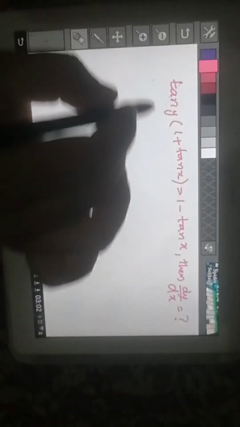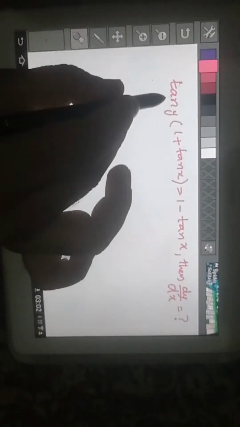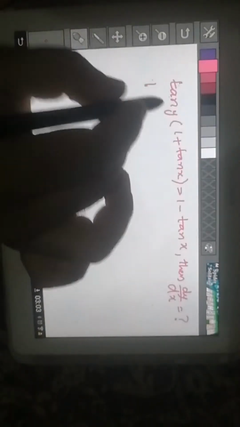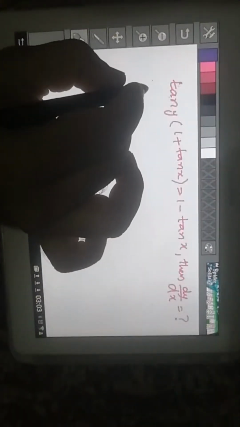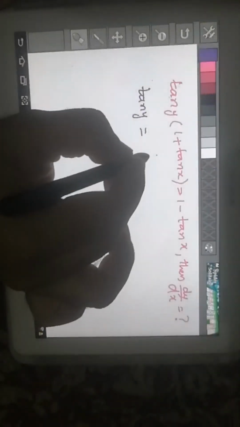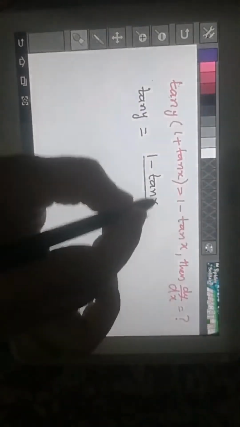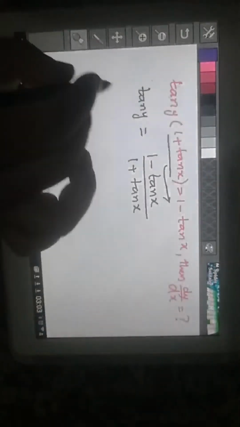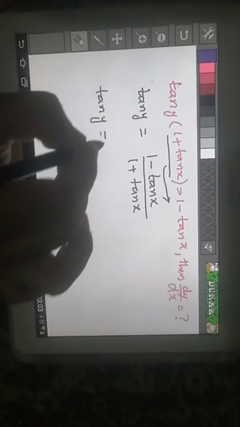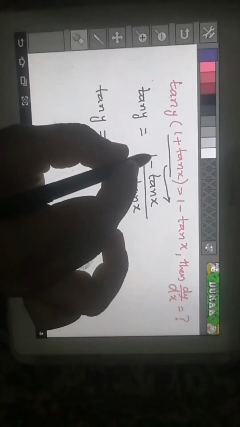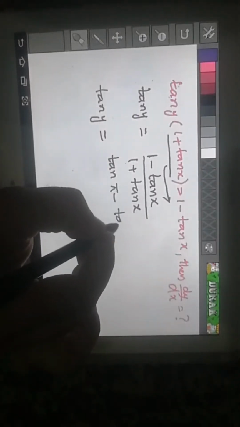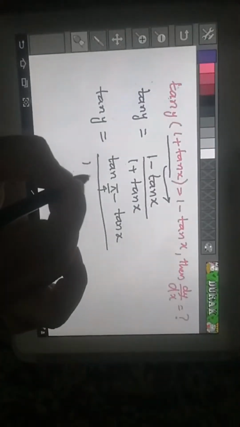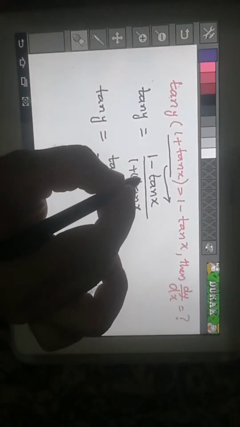So actually we can transform this quickly into a form where derivative evaluation will be easy. So how can we do that? Let us begin. I just shift this factor to that side, and obviously it will appear in the denominator. Instead of this 1, I write tan pi by 4, because tan pi by 4 is 1. And tan x is here, and 1 plus, I believe there is 1 here in the product.